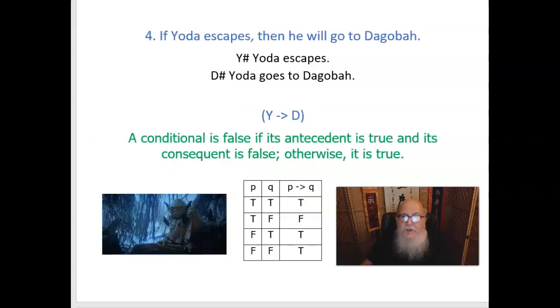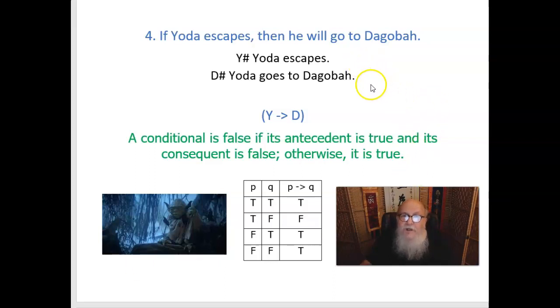Now consider this statement. If Yoda escapes, then he will go to Dagobah. And of course, all of us are familiar with the history of the Jedi and the great struggle against the Empire. So I know you know that Yoda did escape and go to Dagobah, right? We hopefully all learn this in our history classes in our schools. And we want to symbolize this.